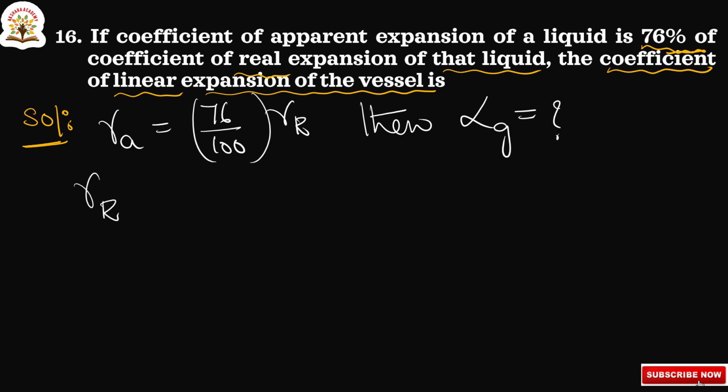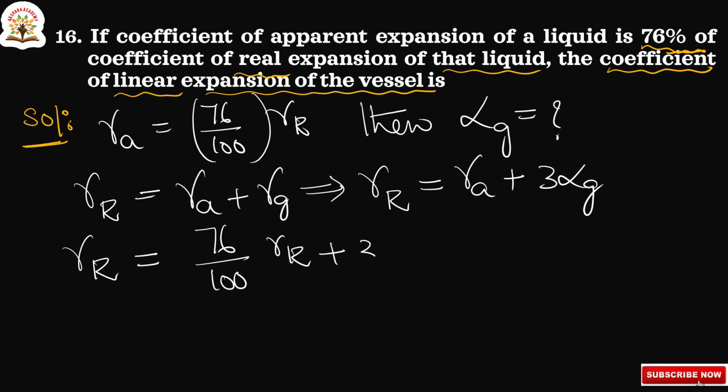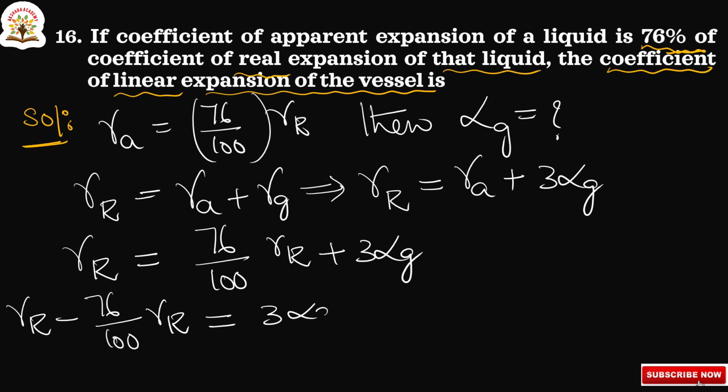Now gamma R is equal to gamma A plus gamma g. So gamma R is equal to gamma A plus gamma g, which can be written as 3 alpha g. So gamma R is equal to gamma A, which they have given as 76 by 100 gamma R, plus 3 alpha g. Now gamma R minus 76 by 100 gamma R is equal to 3 alpha g.